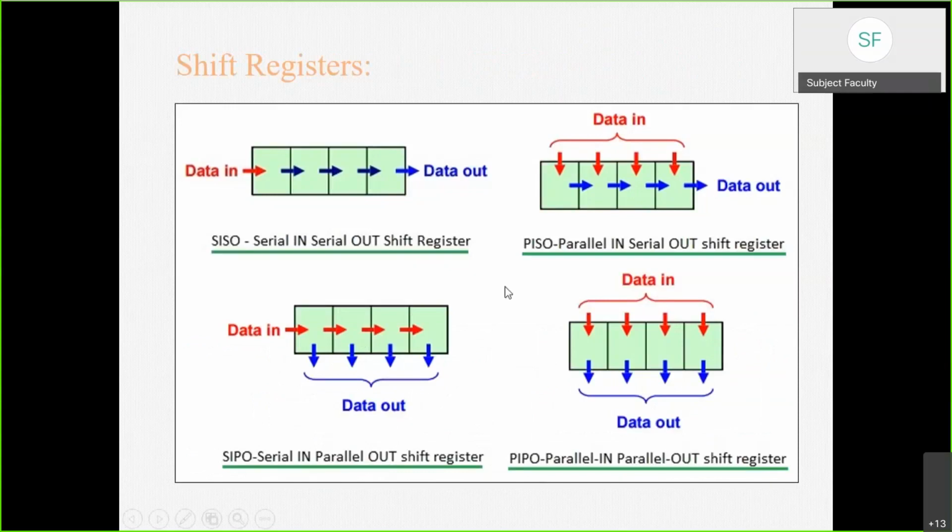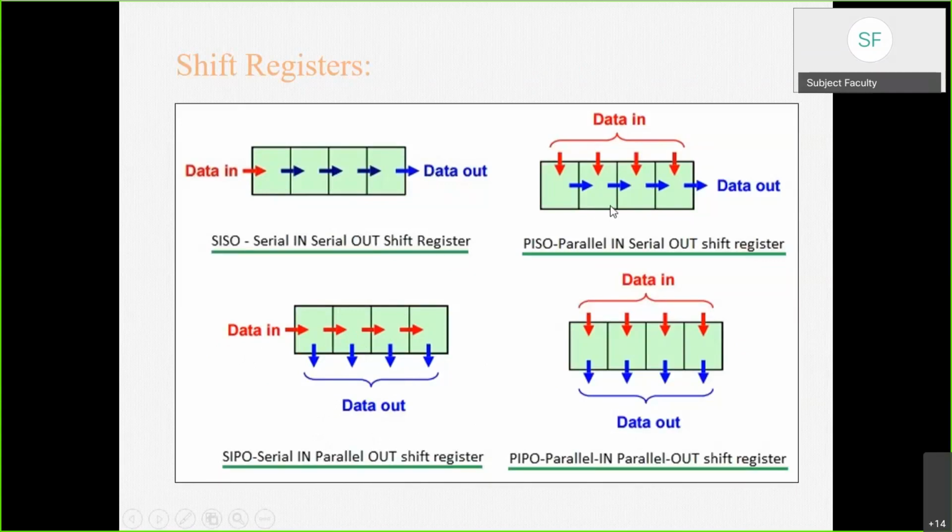This diagram is very important. You can observe here that data in is serial, and data out is also serial, at a single input and single output terminal. So that is nothing but SISO. SIPO means serial in, parallel out.